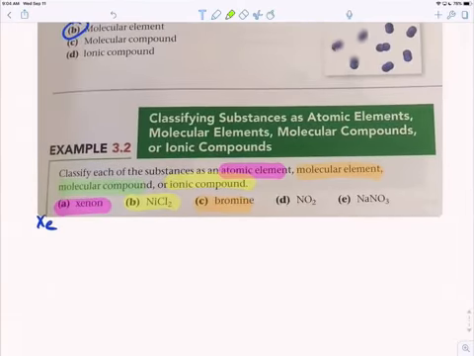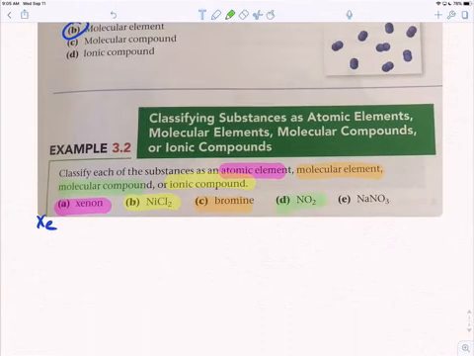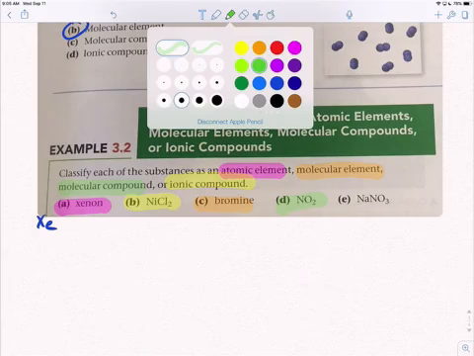This forms a compound. You can see it's the same color. That forms a molecular compound. And sodium nitrate, the next one there, E. This is a metal and a group of nonmetals called a polyatomic ion. We haven't covered that yet. This is an ionic compound.